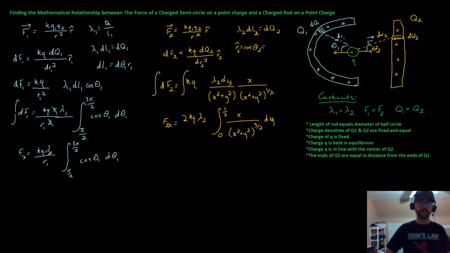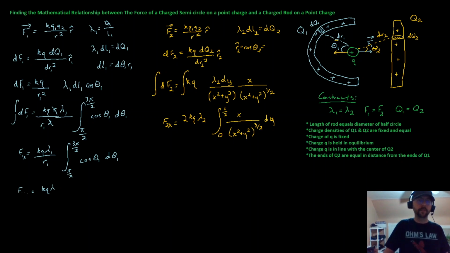So let's do this left side first because it's much easier to solve. So we're going to have f sub 1 x equals k q lambda sub 1. And actually I can get rid of those because I declared earlier that lambda sub 1 equals lambda sub 2. And I can get rid of this right here because force 1 equals force 2. That was declared in the beginning.